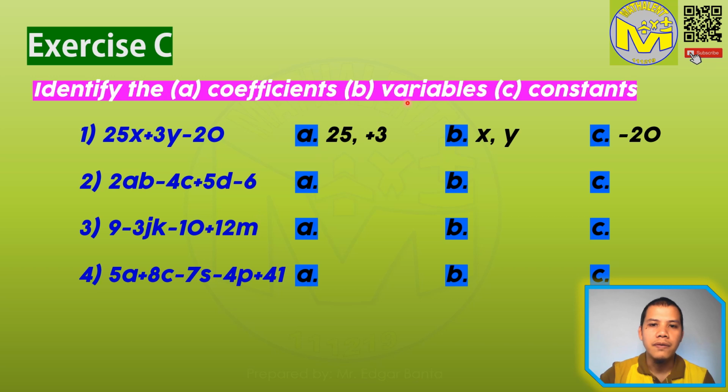And variables and constants. Variables are the letters. Constants are numbers alone, just like minus 20, minus 6, 9, minus 10, and plus 41. Those are the constants.